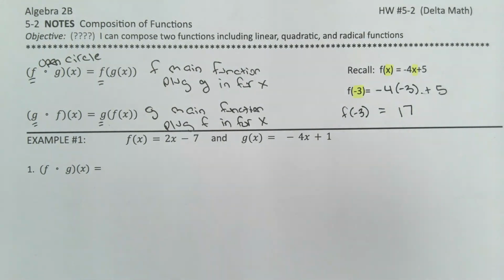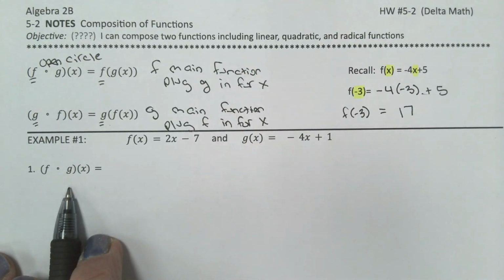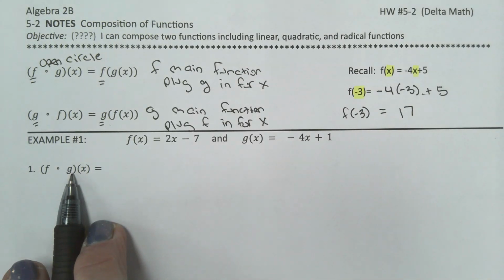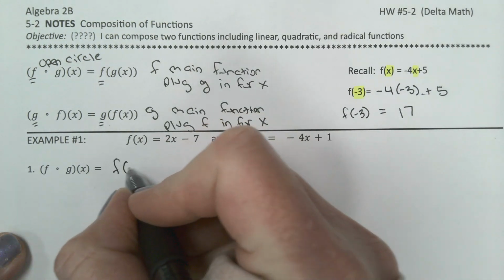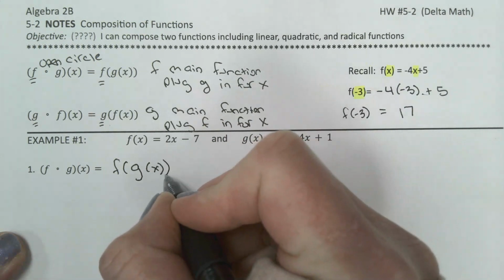When I first learned this, I learned that I really need to have things color-coded. The first thing that I do: this says f composed with g of x. Okay, I cannot work with this. So the first thing I would do is rewrite it by definition as f of g of x.